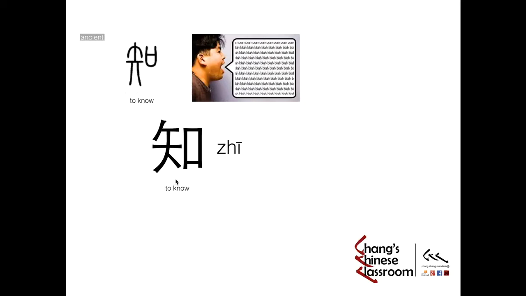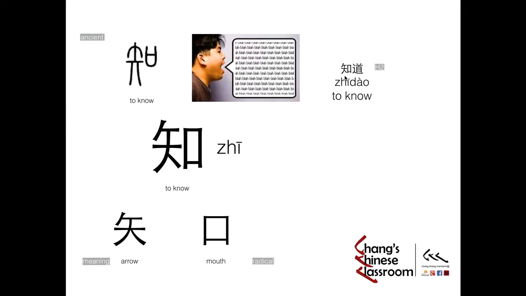So the modern Chinese character keeps the meaning to know. I've already mentioned the left part, that's the arrow from this picture, and the right part is a mouth as a radical. Alright, so both parts contribute to the meaning of the character. Then vocabulary, 知道. Dao is the one you know, Tao or Taoist, that's the big rule for everything.